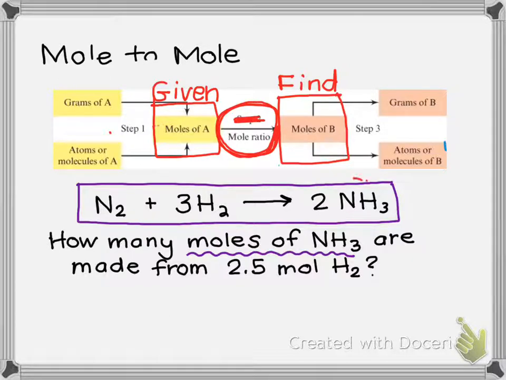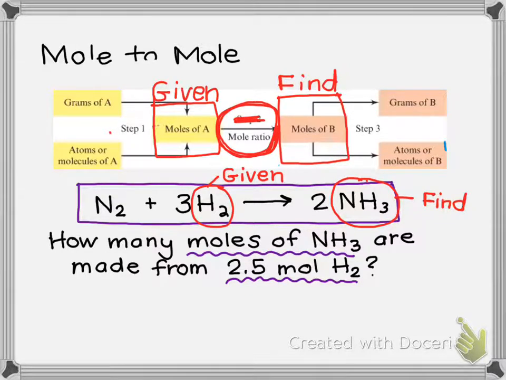This is what I'm trying to find right here, and in the above diagram, it would be my B. Then it says are made from, and here we go, here's 2.5 moles of hydrogen. So I know that that's what I'm given. This would be A in the above diagram, because this is what is given.